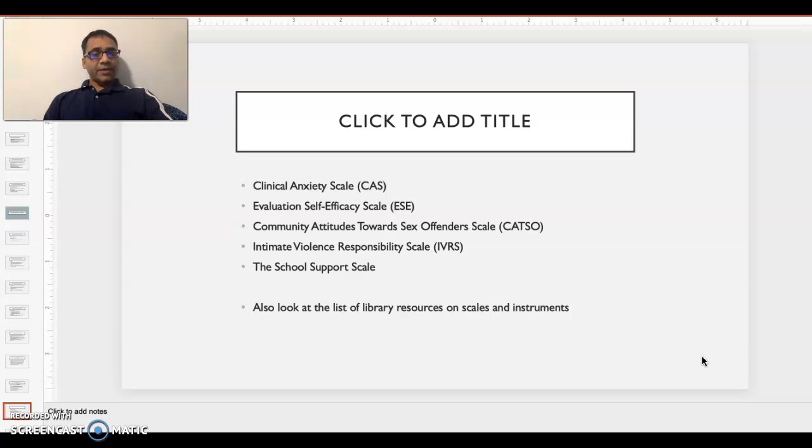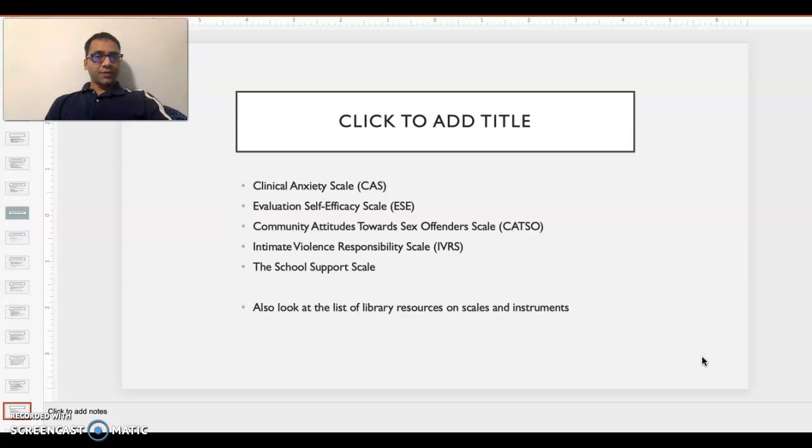I'll provide additional Word documents with all the scales and the instrument database from the library resources. So go through some of them and try to find the instrument or scales of your interest, so that you can use them in future practice settings.